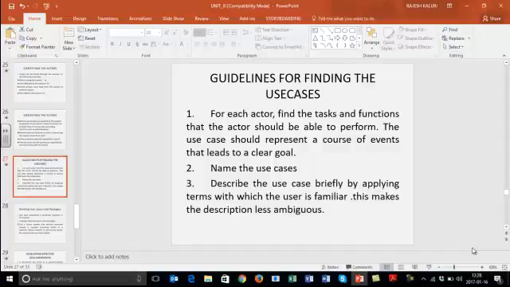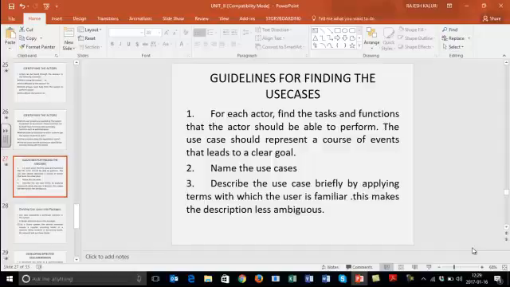So after identifying the set of use cases for your system, give a unique name and also give some kind of description, and that description should be very crisp. You should not have a detailed description, because again it will be lengthy. So try to keep it crisp and simple, so that the end user will know exactly what the use case is.